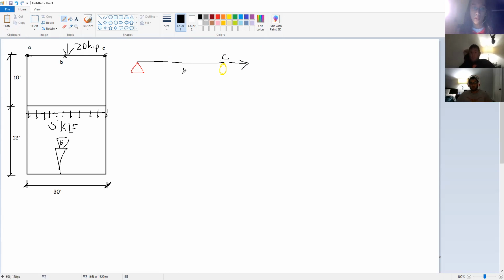This is C, B, A. They could be going in the opposite directions, but I'm just going to point them this way. I think this is what we did normally. A, B, C, right? And then we have the 20 kips right there. Cool, this is going to be very simple.